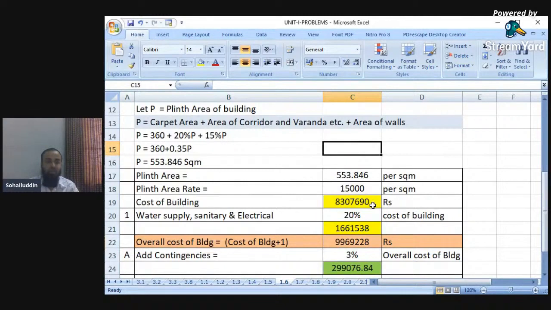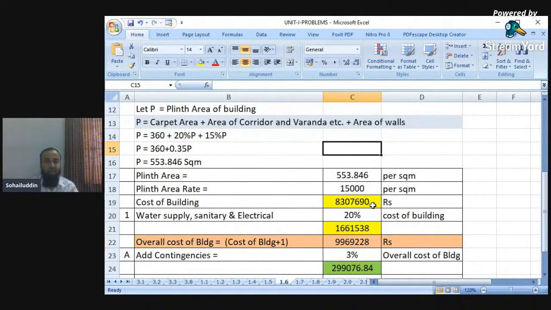That is 83,07,690. Again, the percentage reserved for water supply, sanitary and electrification is 20%. So 20% of the cost of building is reserved for water supply, sanitary and electrification, and that cost is 16,61,538.